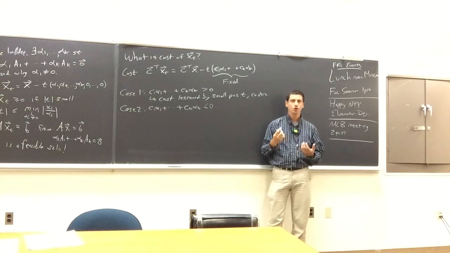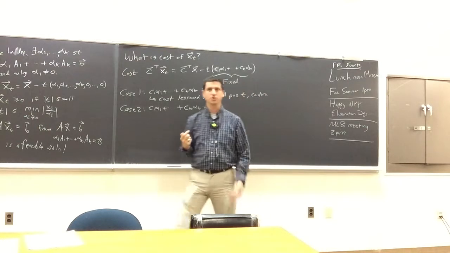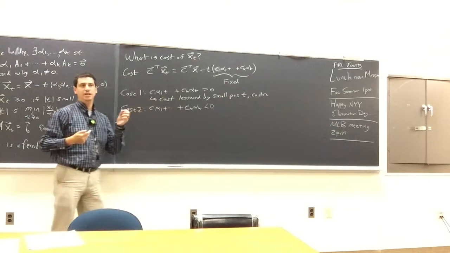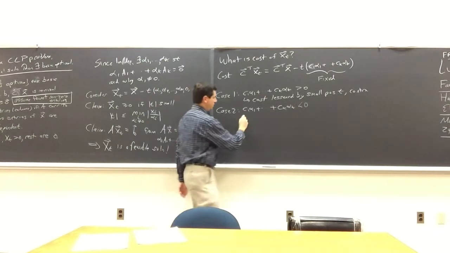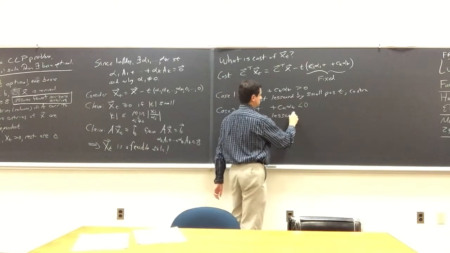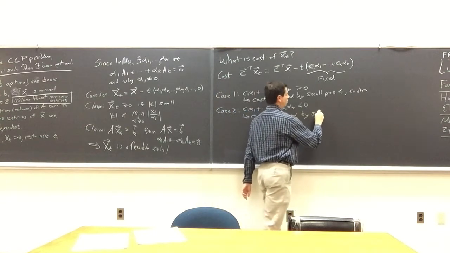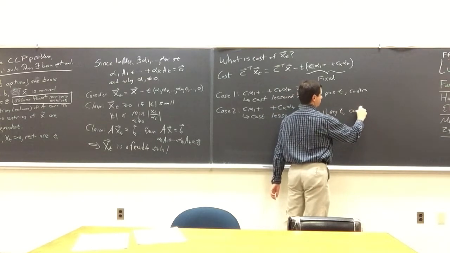Think of t as 1 over 10 to the Google. It's such a small blip that it's not going to really change things. So similarly, the cost is lessened by a small negative t, a contradiction.